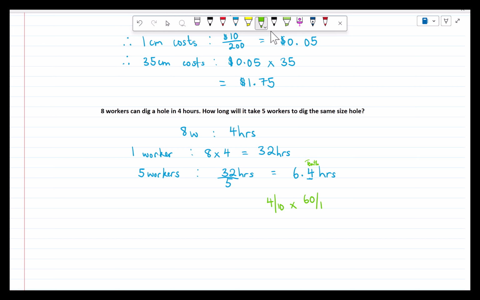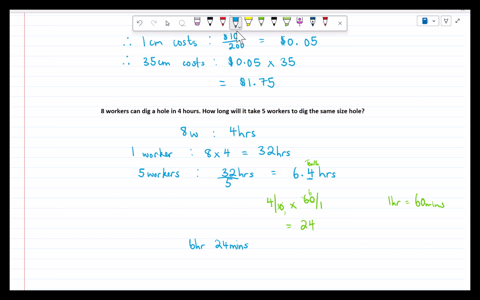Why we're multiplying by 60 is because 1 hour is equal to 60 minutes. So now we cancel 10 into 10, 1. 10 into 60, that is 6. And we're left with 4 times 6, which is equal to 24. Hence, it would take 5 workers 6 hours, 24 minutes to dig the same size hole.